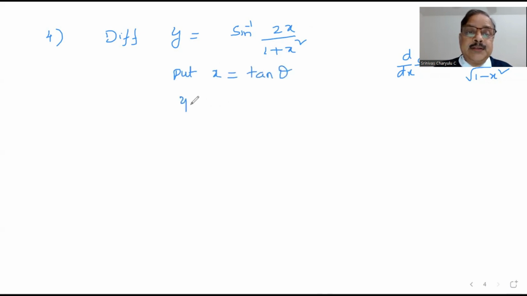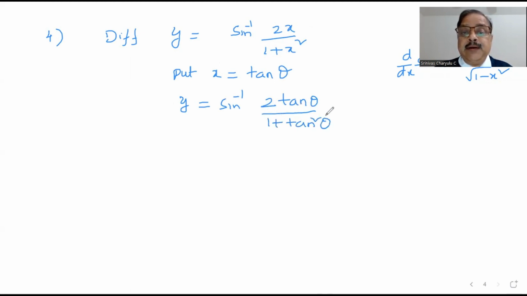Then y is equal to sin inverse 2 tan theta. Wherever x is there, you have to write now tan theta. 2 tan theta divided by 1 plus tan square theta. If you go and check in the trigonometric equations, it is called sine 2 theta.